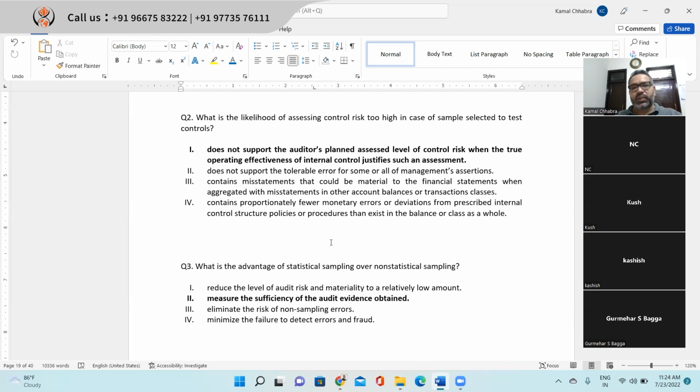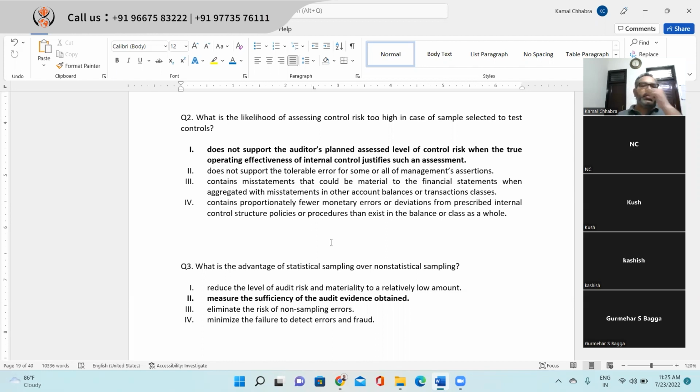Assessing control risk too high: does not support the auditor's planned assessed level of control risk when the true operating effectiveness of internal control justifies such assessment; does not support the tolerable error for some or all management assertions; contains misstatements that could be material to the financial statements when aggregated with misstatements in other account balances or transaction classes; contains proportionately fewer monetary errors or deviations from prescribed internal control structure, policies or procedures than exist in the balance or class of transactions.